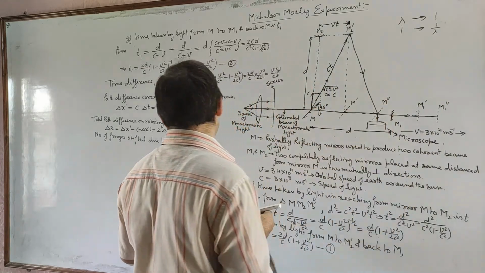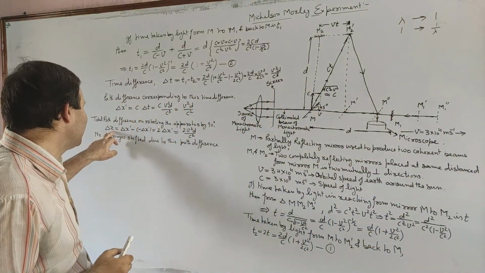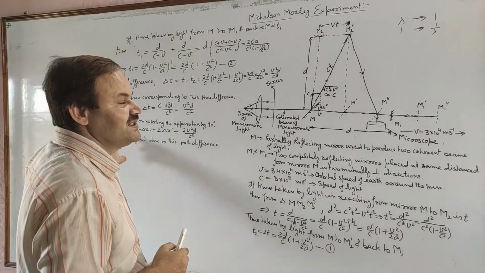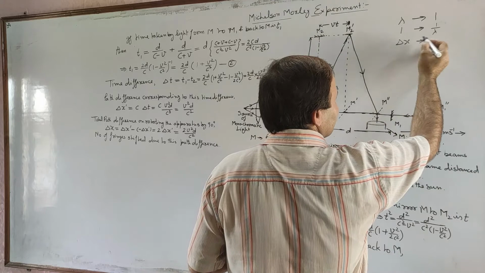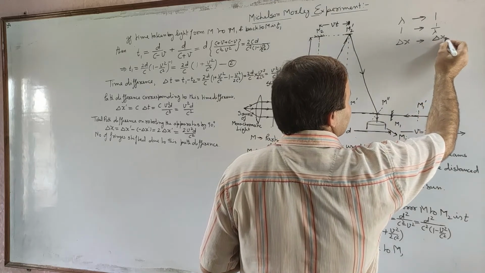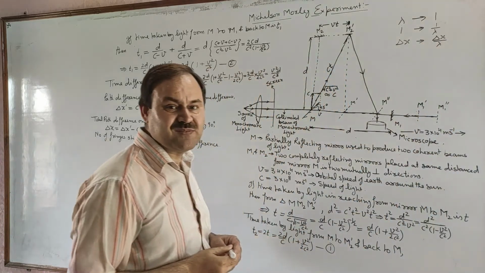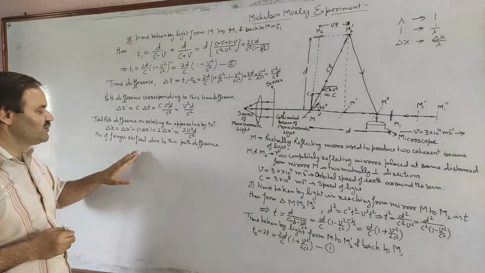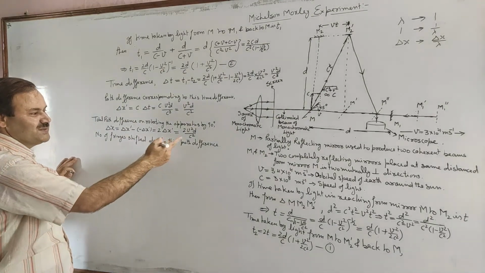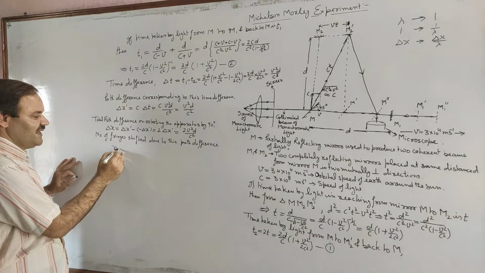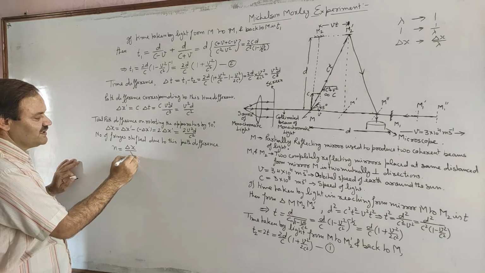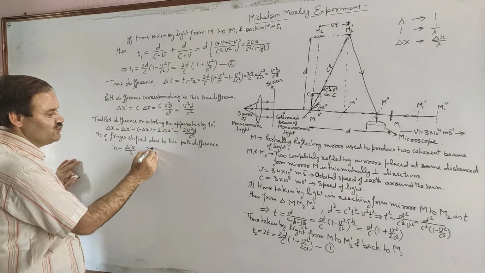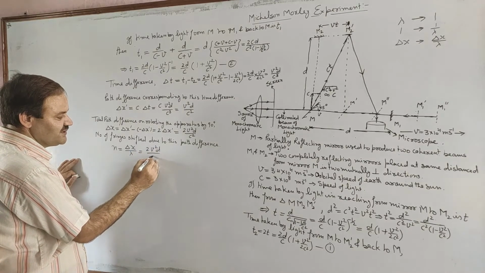Now we want to find out how many fringes will get shifted due to the path difference delta x. Due to path difference delta x, the number of fringes shifted will be delta x by lambda. Hence the number of fringes shifted, n, will be delta x divided by lambda, that is 2v square d upon c square lambda.